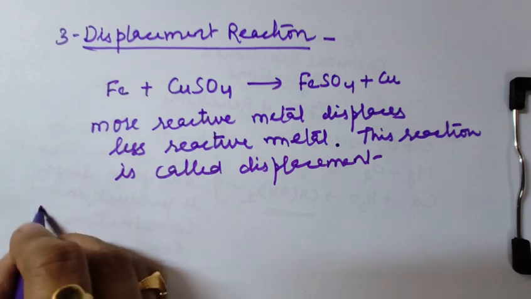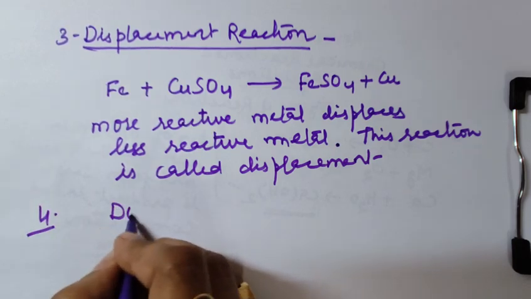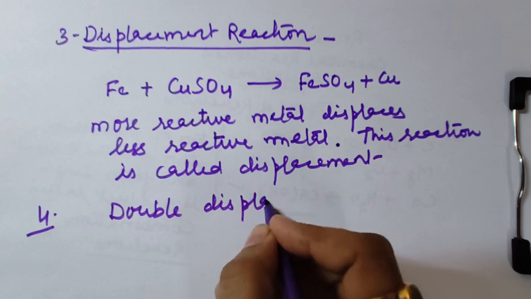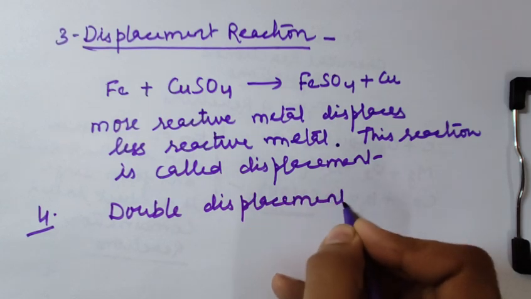Now, double displacement reaction. The fourth type of reaction is double displacement reaction.